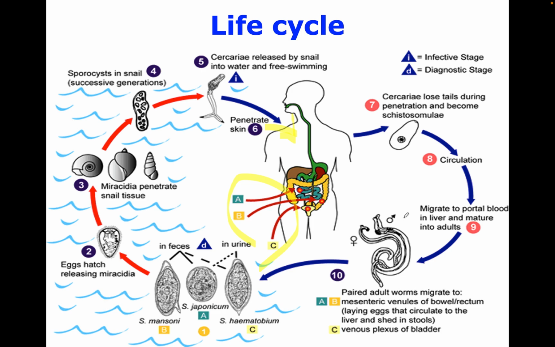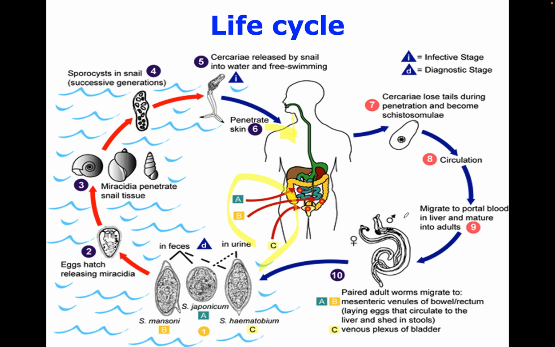Paired adult worms migrate to different places. Some of them home to the mesenteric venules of the bowel or rectum and lay eggs, and the eggs circulate to the liver and are shed in stools.